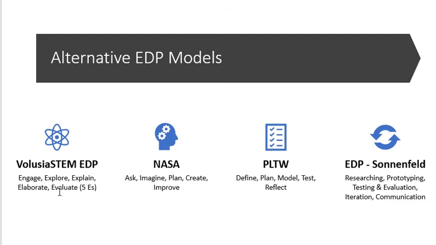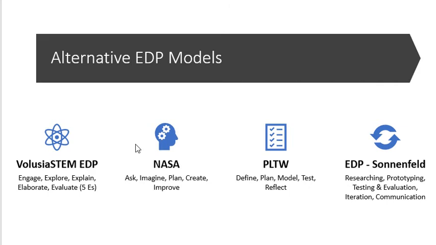This is just one way of looking at the engineering design process, however, even though the underlying steps of thinking about the problem, exploring possible solutions, developing possible solutions, further developing those solutions based on what you learned and testing them out, and then communicating your results to others, those steps are shared amongst all of the models.